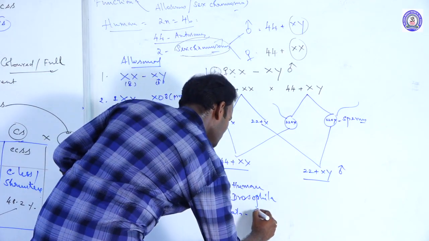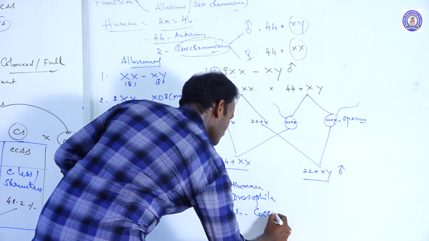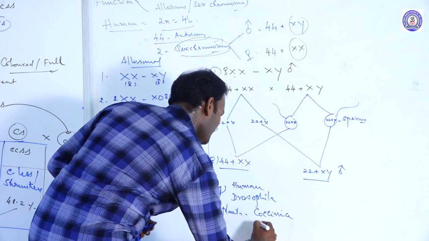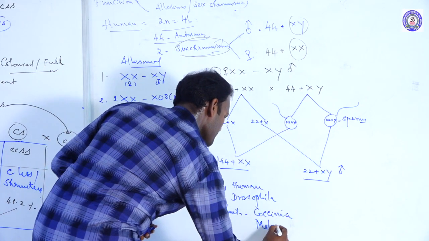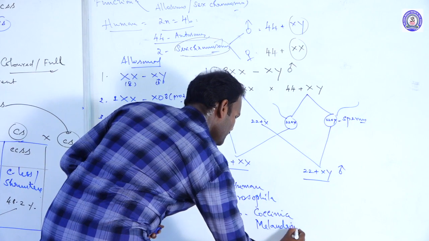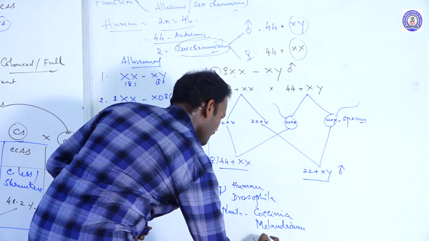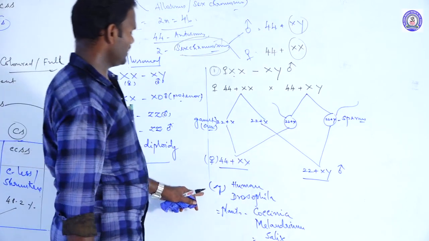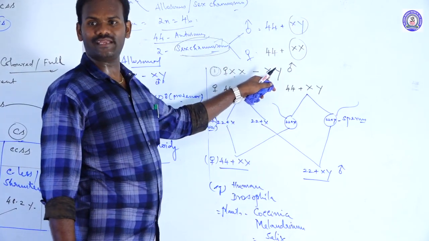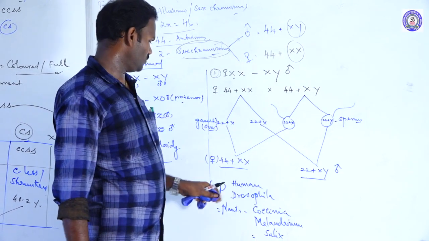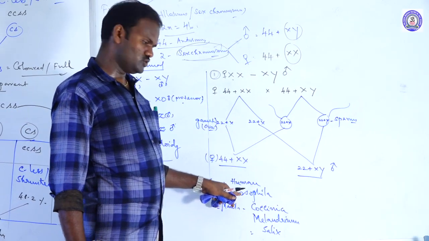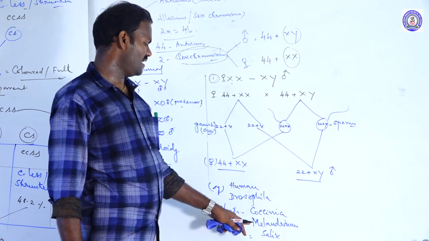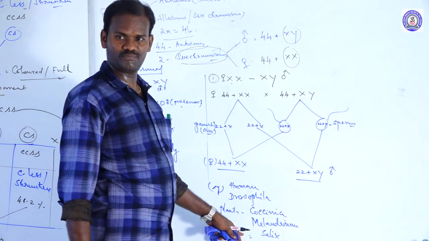For example, Coccinia, then Melandrium, in addition to that Salix. So these are the examples for XX, XY type of sex determination. Once again: human being, Drosophila, certain dioecious plants, for example Coccinia, Melandrium and Salix.